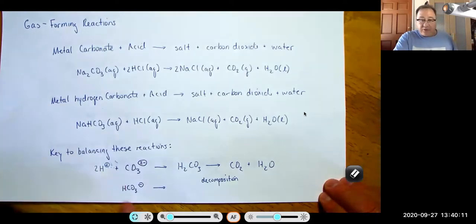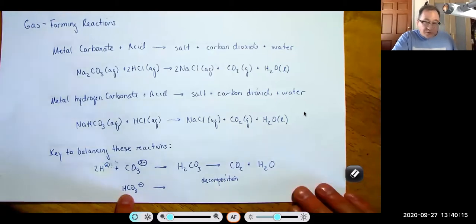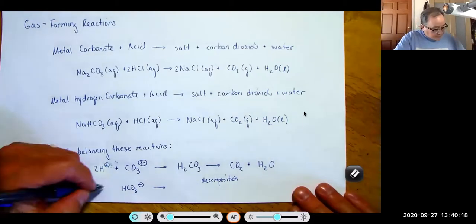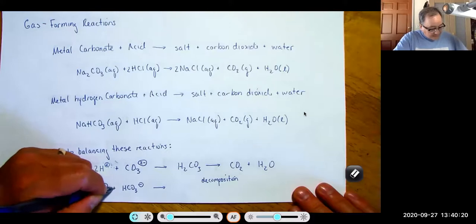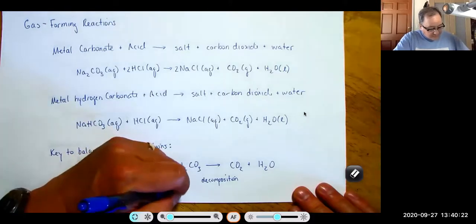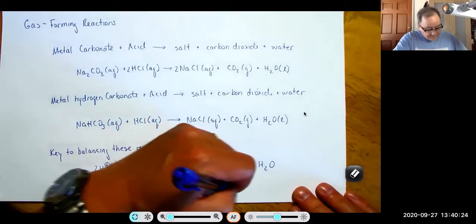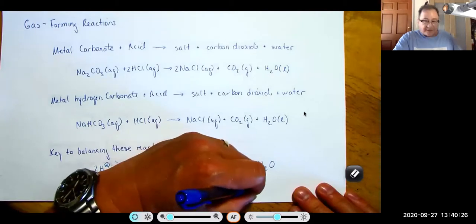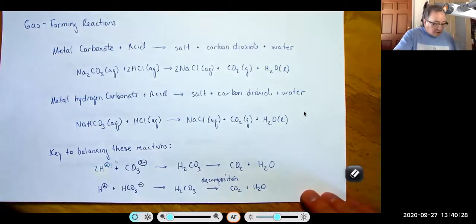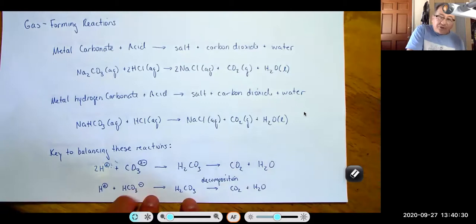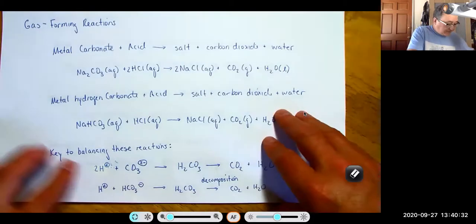You still need 2 hydrogens with this guy, but it already comes preloaded with 1. So how many hydrogens do you need? Just 1. And you'll make carbonic acid, which decomposes into CO2 and H2O. So the key is making H2CO3 for these reactions.